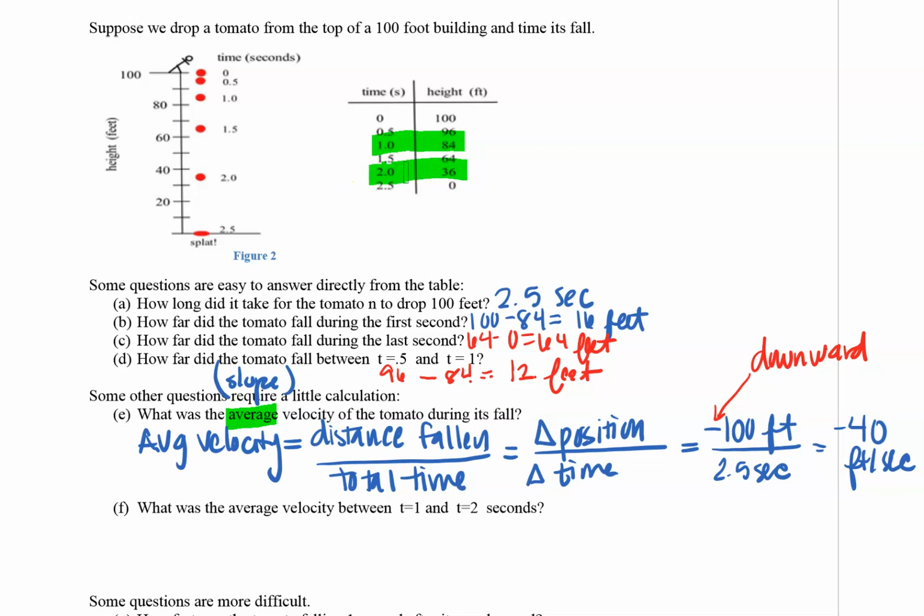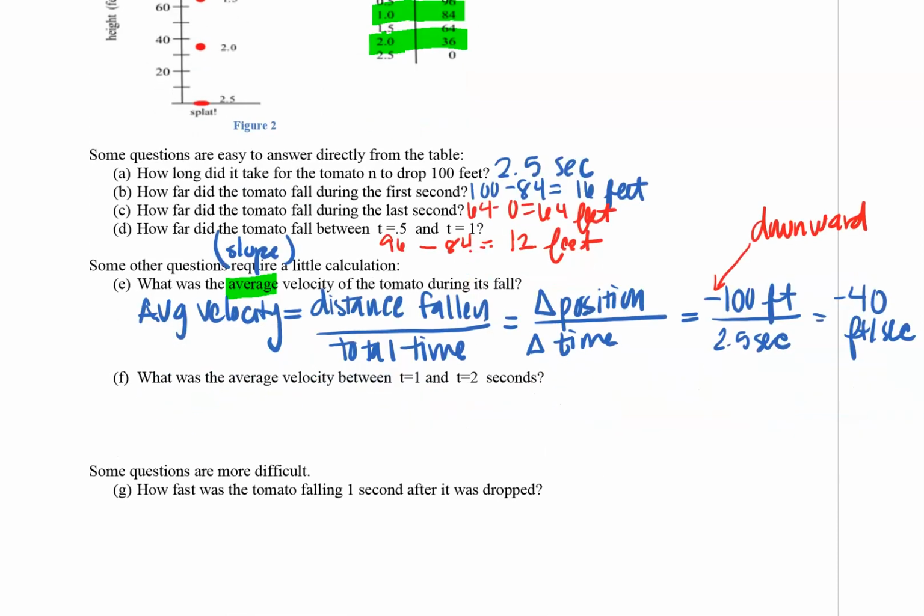So I'm looking at these two values, 84 feet and 36 feet. If I think about what we just did in that previous one, I am finding the change in position over the change in time, which means I'm going to have to do some calculations here.